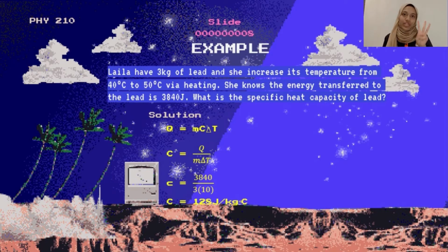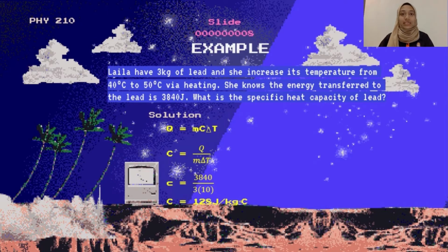Laila has 3 kg of lead, and she increased its temperature from 40 to 50 degrees Celsius via heating. She knows the energy transferred to the lead is 3,840 joule. So, what is the specific heat capacity of the lead? Let's take a look at the solution. To solve this kind of question, we can use the formula that we have talked about earlier, which is Q equals mc delta T. The question asks for the specific heat capacity of lead, so make sure you arrange the formula according to what the question wants.